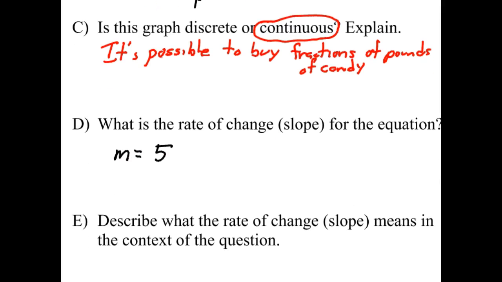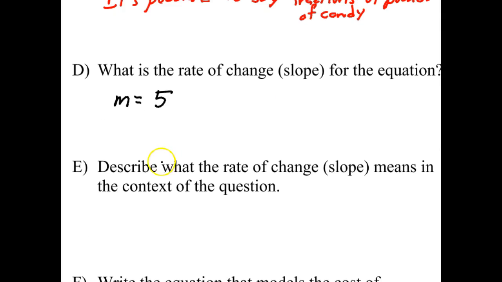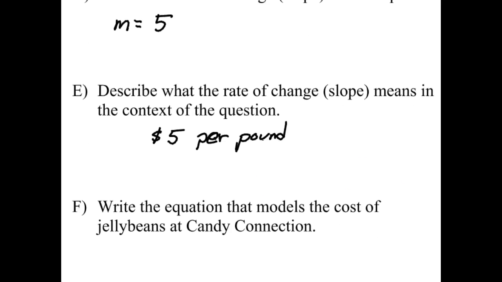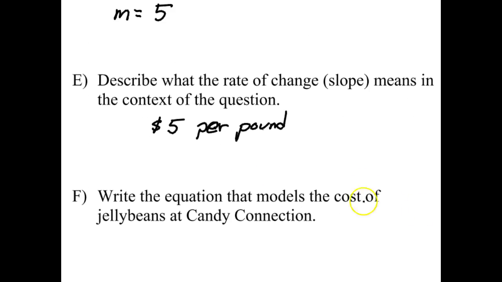And then the next question is where they want you to say, what does that mean? And again, that means $5 per pound. For every 1 pound, it costs $5. And let's see here. So we know our slope, right? So if we're going to write an equation, we know this is the format.